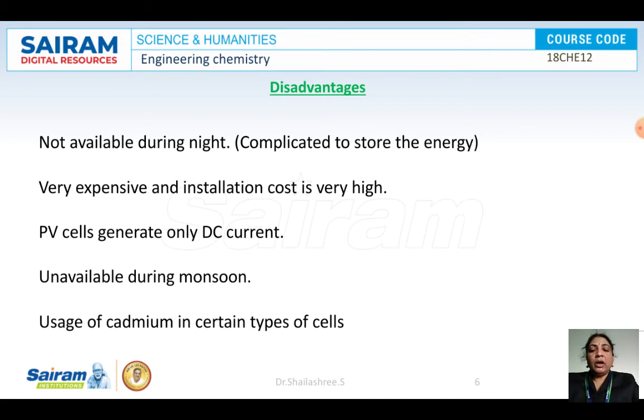Compared to all the other sources, solar energy will be the best, because in our country there is no problem with sunlight; it is available almost all the time. If it is efficiently converted, a large amount of energy can be liberated. The only problem is that making the PN junction is costlier, so the installation cost becomes more. That is the only disadvantage I can say. Otherwise, in all other ways solar cells are advantageous, and they will be one of the best sources of energy for future use.